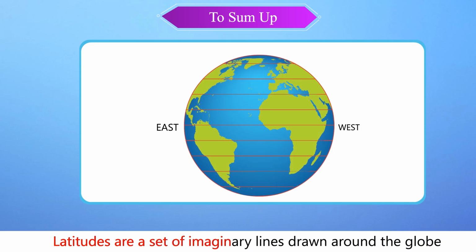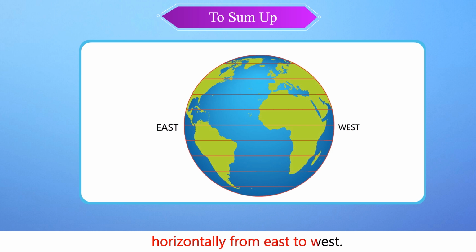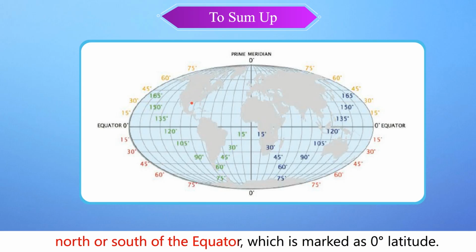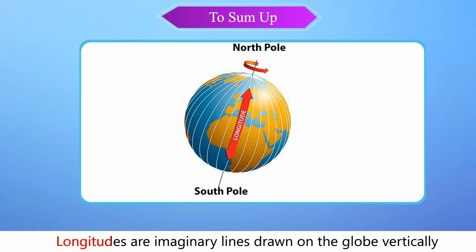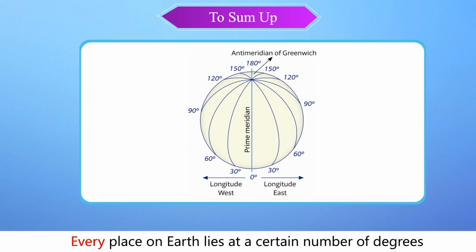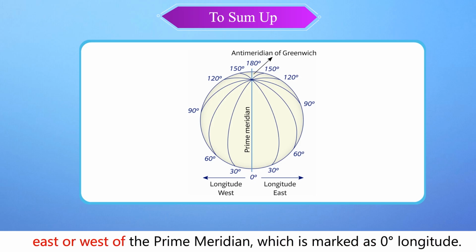Latitudes are a set of imaginary lines drawn around the globe horizontally from east to west. Every place on Earth lies at a certain number of degrees north or south of the equator, which is marked as 0 degrees latitude. Longitudes are imaginary lines drawn on the globe vertically from the North Pole to the South Pole. Every place on Earth lies at a certain number of degrees east or west of the prime meridian, which is marked as 0 degree longitude.